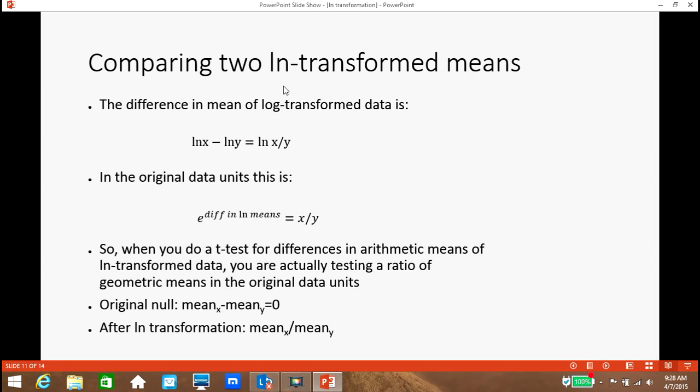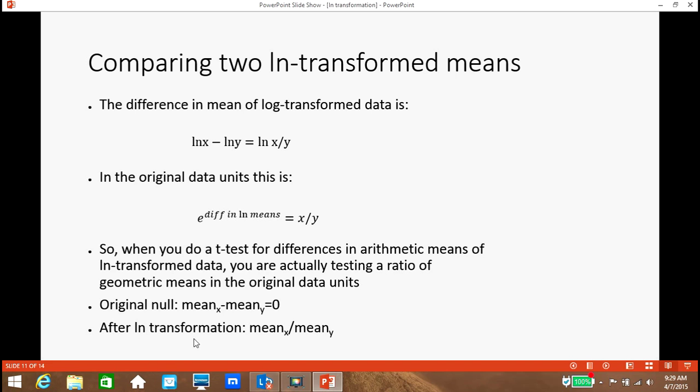Okay, and when we're comparing two log transform means, and this is the interpretation difference, the difference in the mean of log transform data is really the ratio. So this ratio, difference in log of means, is what we end up actually testing for in our null. So our original null in a two-sample test is the mean of group X minus the mean of group Y equals 0.